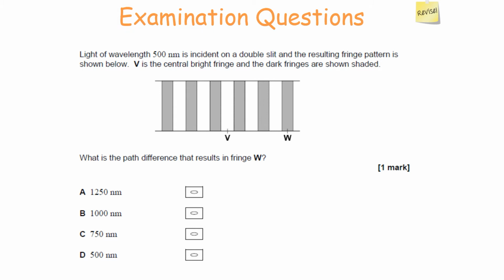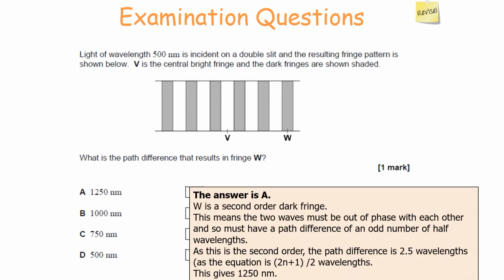Right, so it's important to note that W is a second order dark fringe. So this means that the two waves must be out of phase with each other and so must have a path difference of an odd number of half wavelengths. Now, because this is a second order fringe, as we'll notice because it's not one of the central ones, the path difference is therefore going to be 2.5 wavelengths, because our equation to work out the path difference which causes destructive interference is (2n+1)/2 wavelengths.